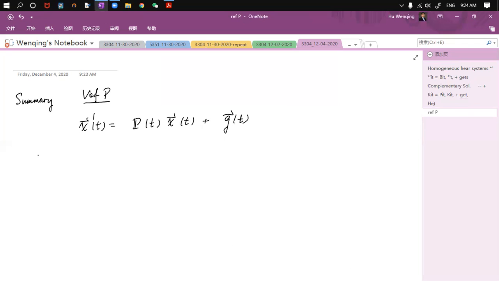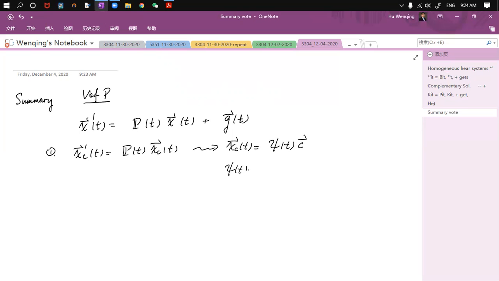First step, you look for the complementary solution: x_c prime of t equals P(t) x_c of t. The solution is given by x_c of t equals the fundamental matrix multiplied by c, where the fundamental matrix is formed by putting the fundamental solutions as column vectors in a row. Okay, so that's the first step.